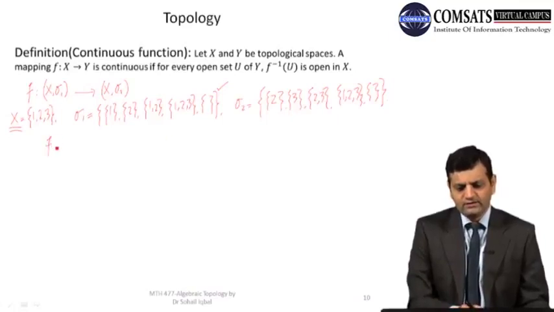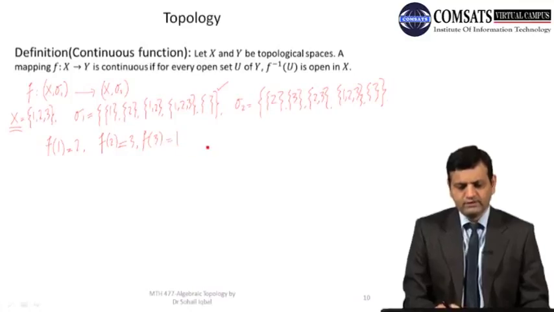So define this F in the following way. F of 1 is equal to 2, F of 2 is equal to 3, and F of 3 is equal to 1. So we can observe that this F is just a permutation of X. Let's see if this F is continuous or not.